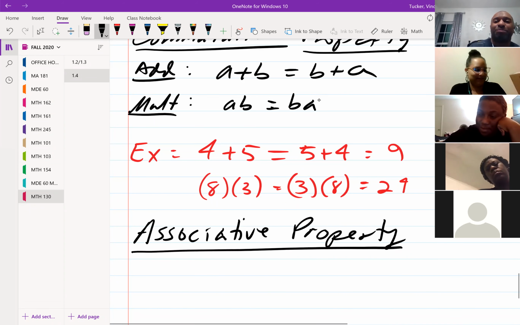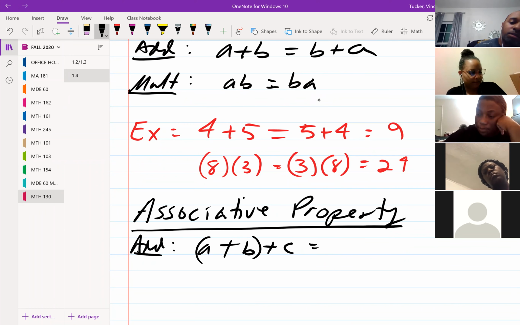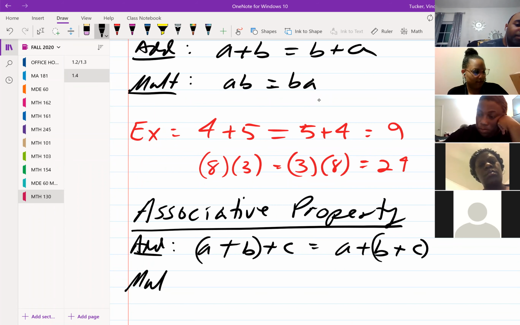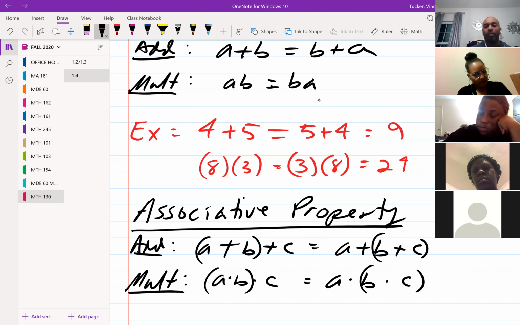All right, associative property. Let's see, A plus B plus C. So if you're adding more than just two terms or two numbers, it doesn't matter which order you add them in.